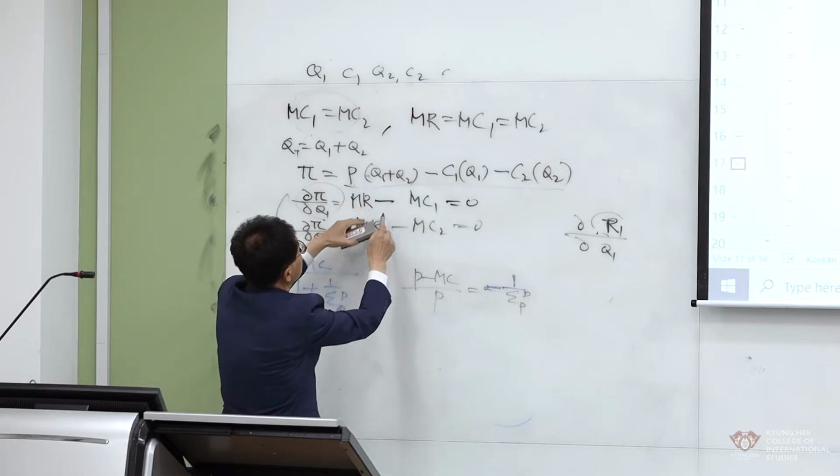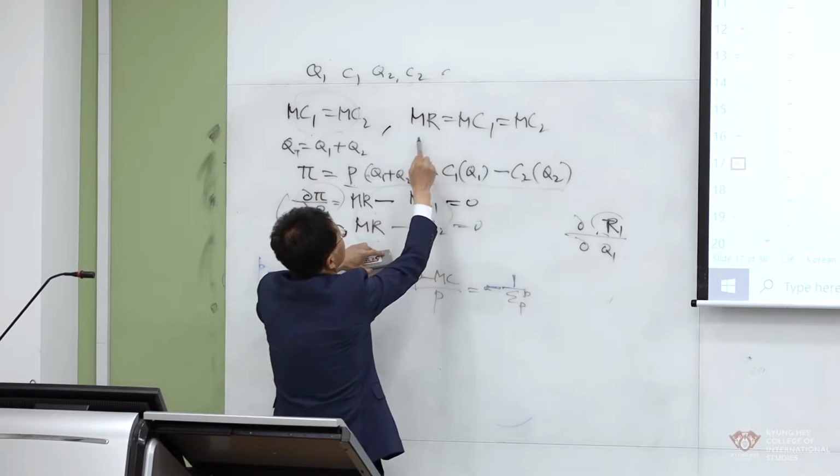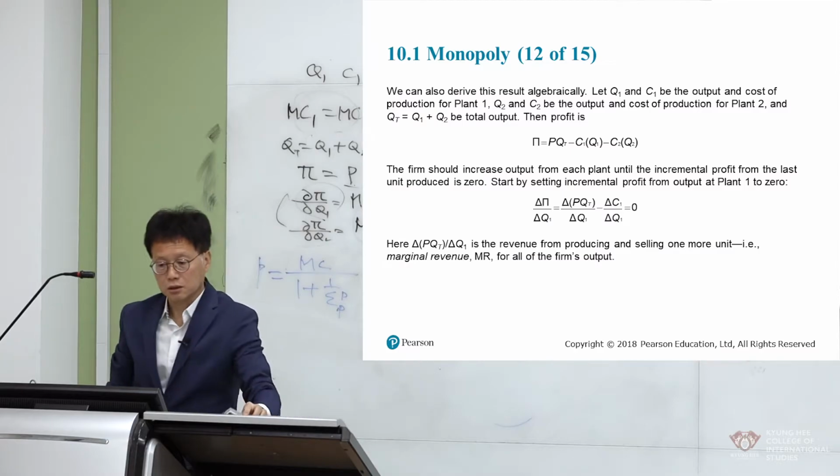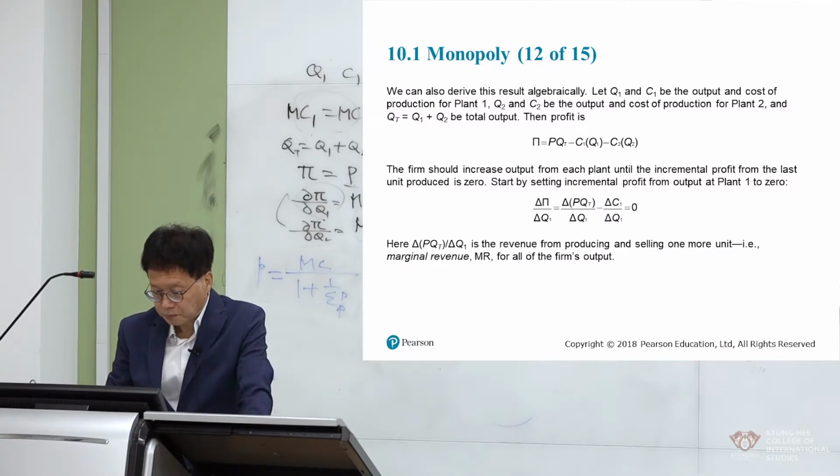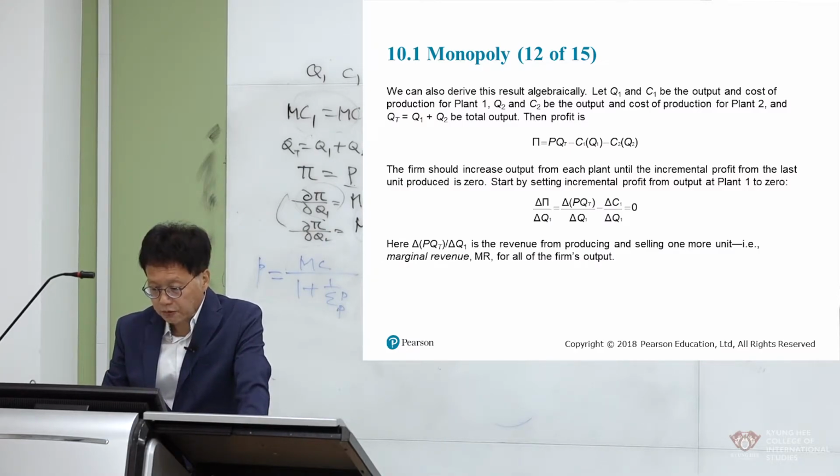So from here we can derive this condition. The partial derivative of the profit function with respect to Q1 is this one minus this one. Here, this one is the revenue from producing and selling one more unit, marginal revenue, and this is marginal cost 1.